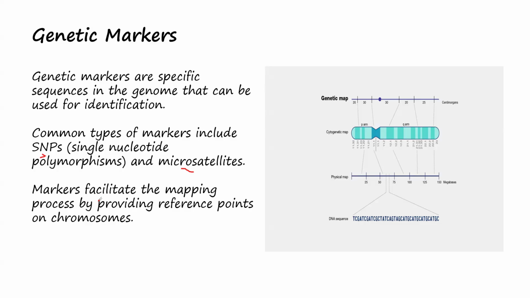These markers facilitate the mapping process by providing reference points on the chromosomes. That is why linkage mapping is just to determine the relative position.